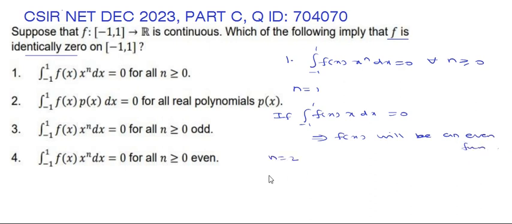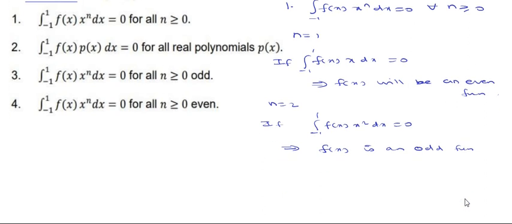Now for n equal to 2, if integral from -1 to 1 of f(x) x squared dx is equal to 0, then this implies f(x) is an odd function. So f(x) is an odd function and an even function. From this we can say that f(x) is a constant function.